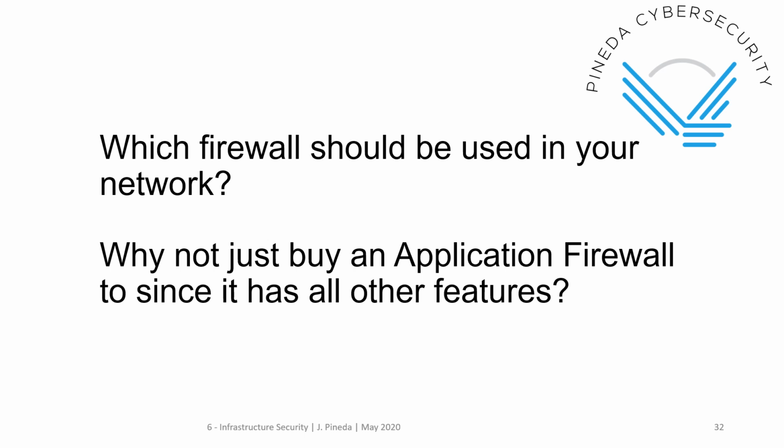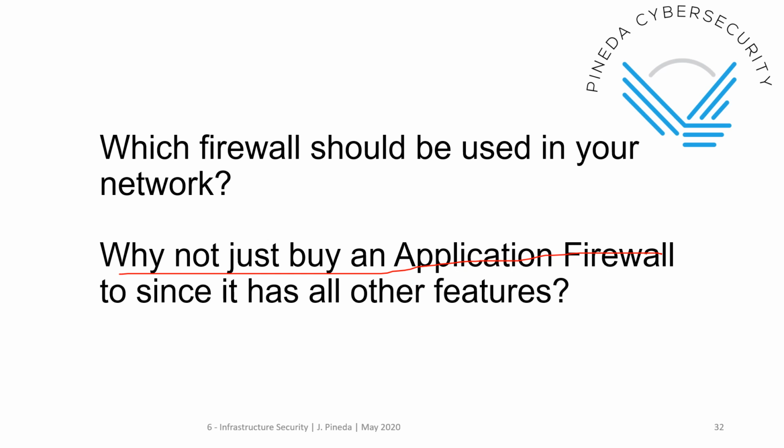Okay, so now we go to which firewall should be used in your network. The management question is, why not just buy an application firewall since it has all the other features? That's the common question. Why not buy an all-in-one? Now, the answer would be it will depend on the need, right?